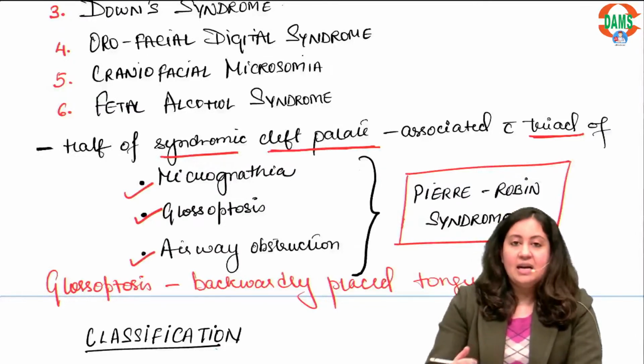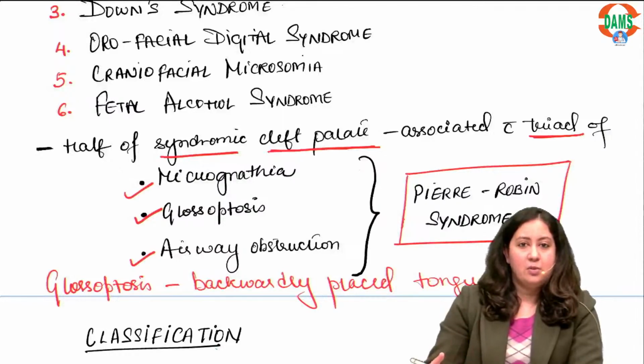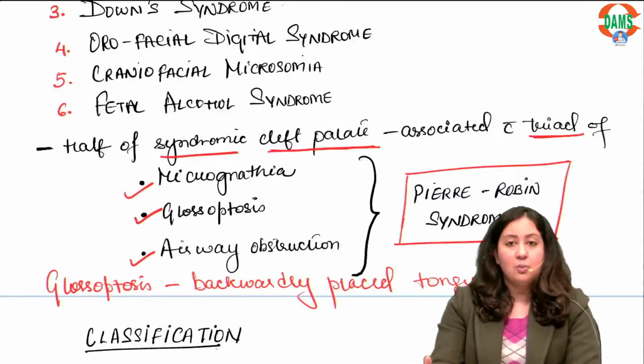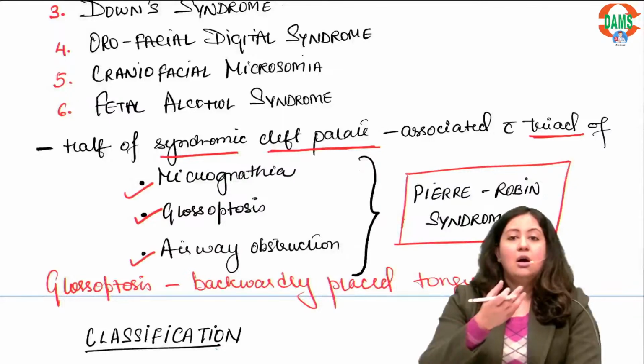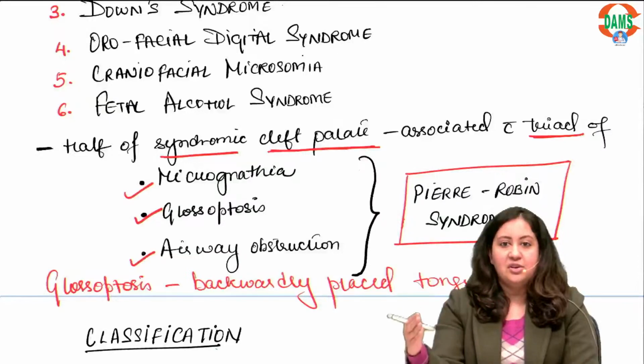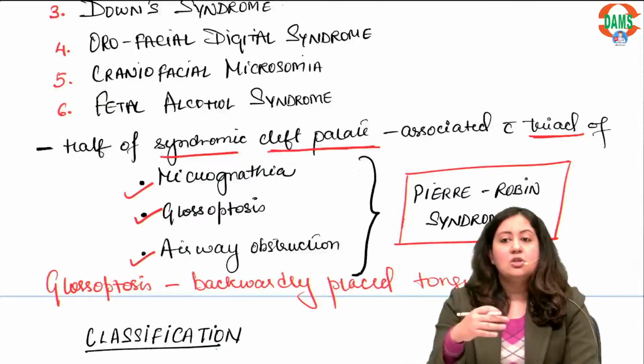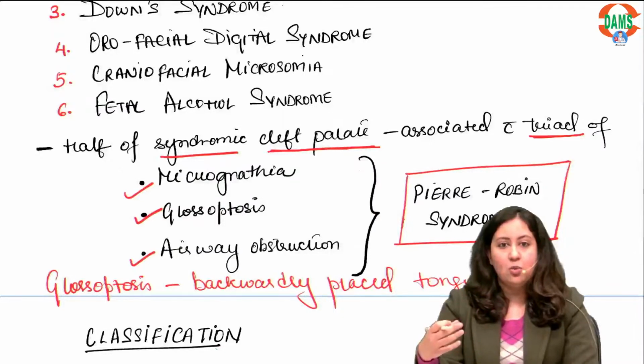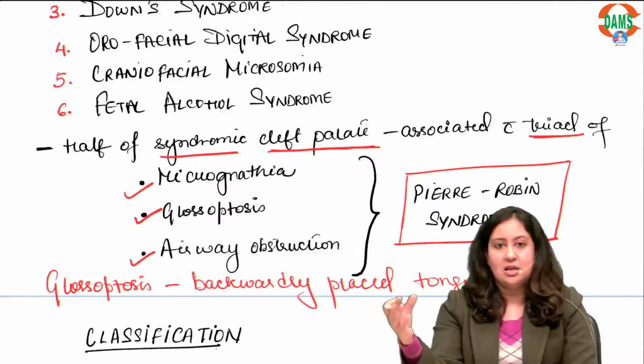The triad remains the same: micrognathia, glossoptosis, airway obstruction. But some authors are of the opinion that when it is a Pierre-Robin sequence, what is a sequence? Sequence is something one after the other. So if it is a Pierre-Robin sequence, one thing is leading to the other, and the other is leading to the next thing.